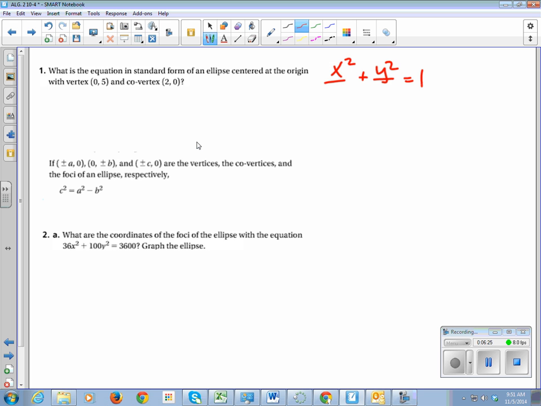Okay, so the first thing I do, if they're going to give me vertices, I'm going to graph them because I want to draw a picture. So I have a vertex at 0, 5, and a co-vertex at 2, 0.